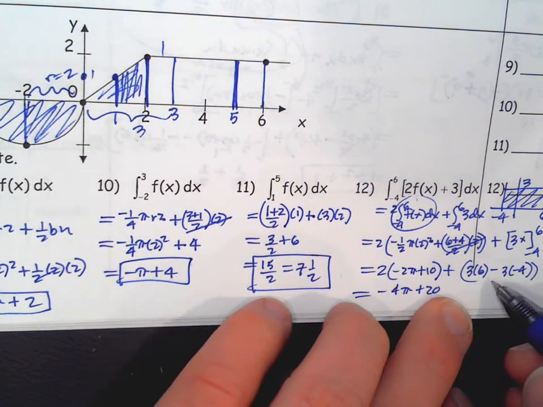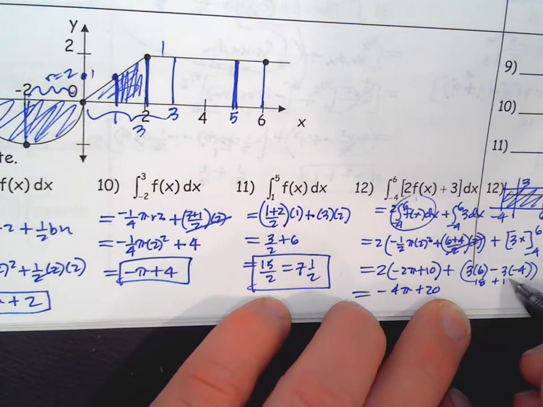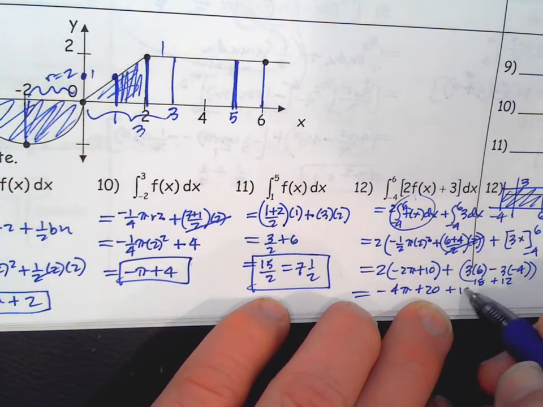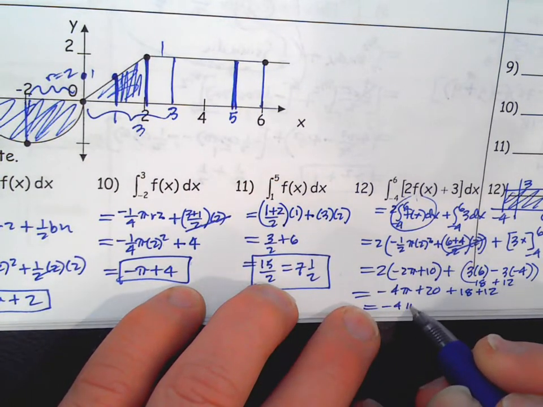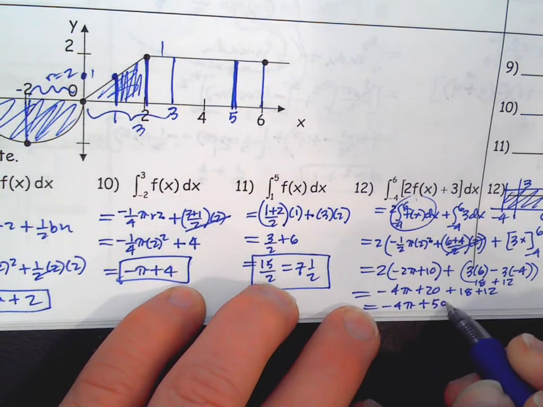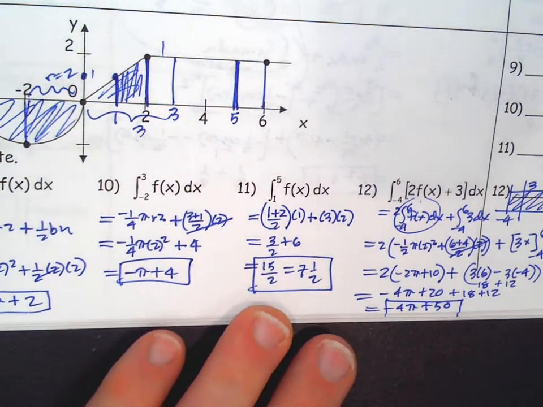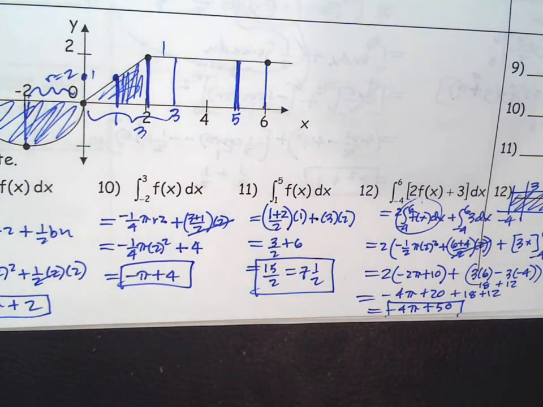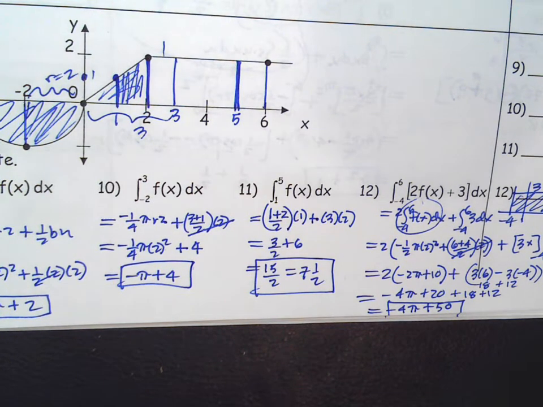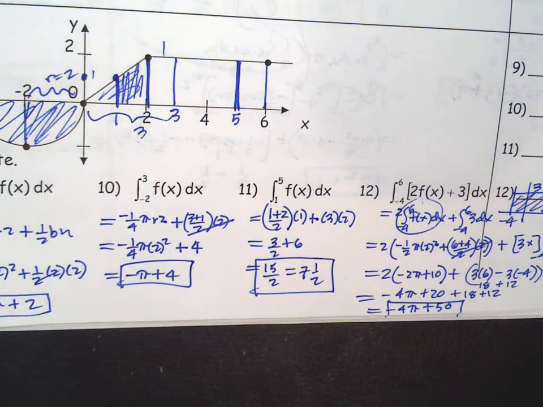This is going to be 18 plus 12 is 30. So your final answer is going to be negative 4 pi plus 50. Okay, so that's just some extra practice with definite integrals from a graph.